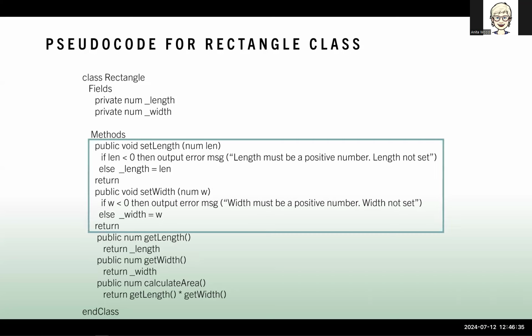For instance, we do not want anyone to set the length or width for a rectangle to a negative number. The setter method can check for negative numbers prior to assigning the value to the private attribute. If a negative number is passed in, an error message will be returned and the attribute will not be set. The code above shows how this could be handled in pseudocode.